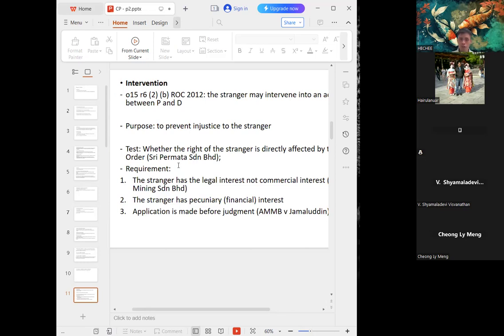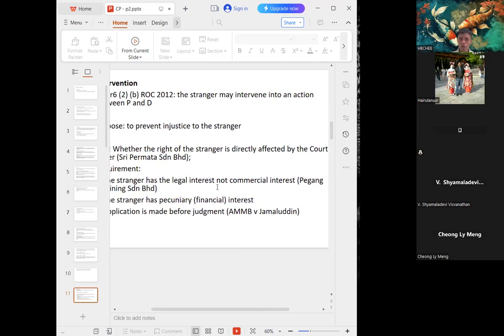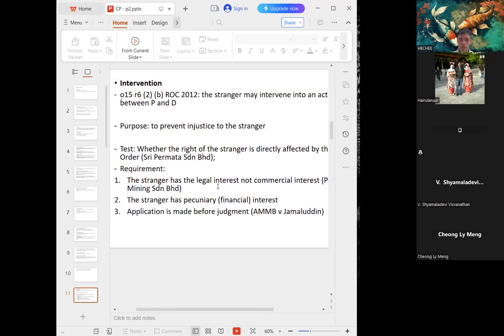The requirement for an intervenor action is that the stranger has a legal interest, not a commercial interest. This is given in the case of Pearl Mining Sembilan Berhad. And the stranger has a pecuniary, which means a financial, interest, and the application is made before the judgment.